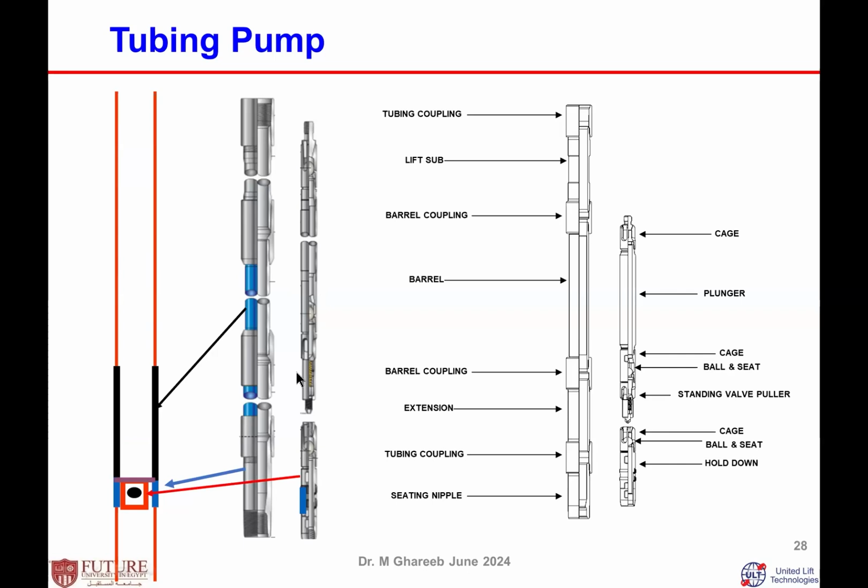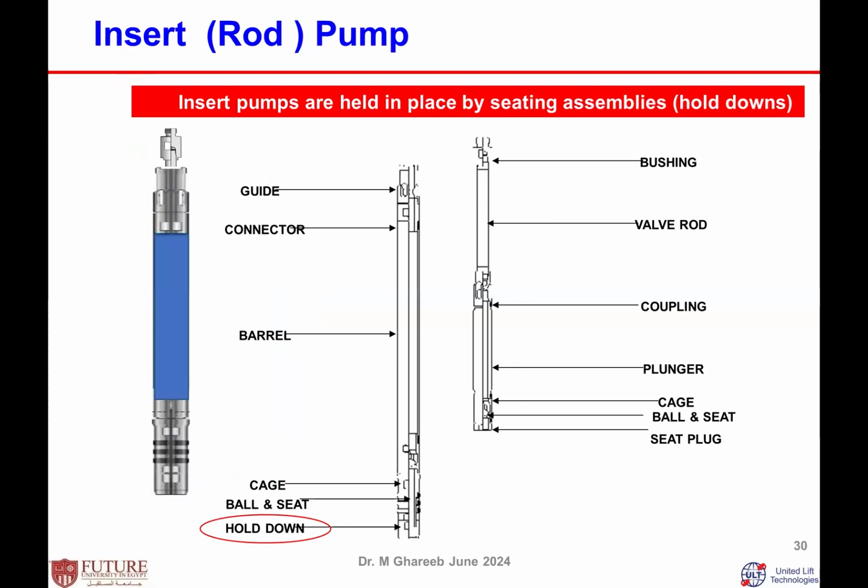After that, you run the plunger assembly on the rod string, and the pump can run up and down. The second type of pump is what we call the insert pump. In this case, the whole pump, plunger assembly, barrel assembly, standing and traveling valves, all the parts run as one piece, connected to the rod string, run inside the tubing and sit on the setting nipple.